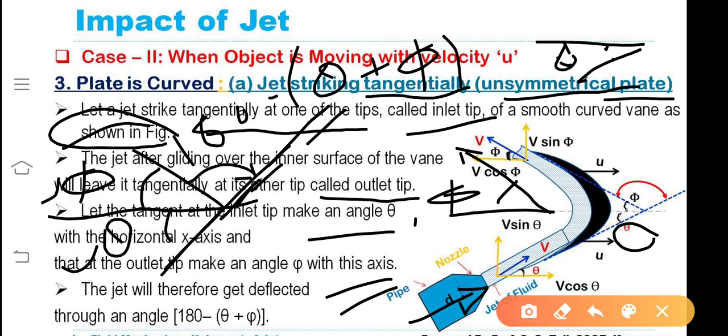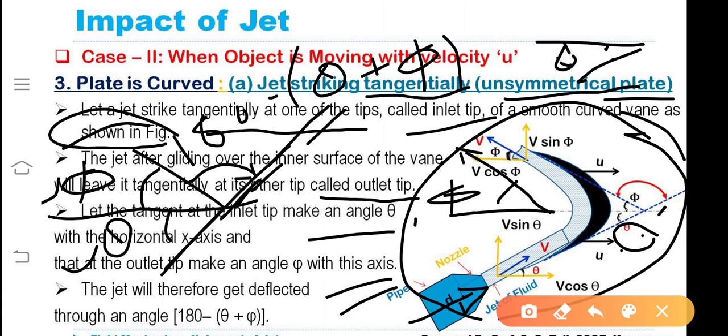Let us go slowly, especially this particular article, because the essence or the knowledge of these velocity triangles will be useful throughout FM2, whether it is centrifugal pump, whether it is Pelton wheel as a turbine, whether it is reciprocating turbine or Francis turbine or Kaplan turbine.